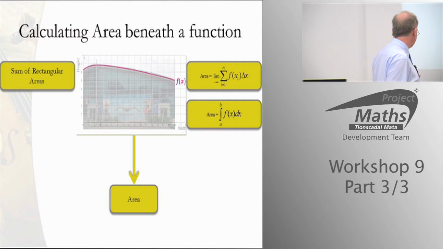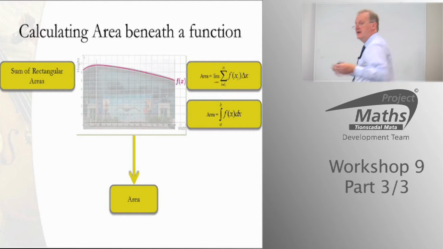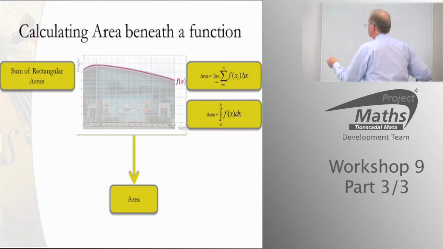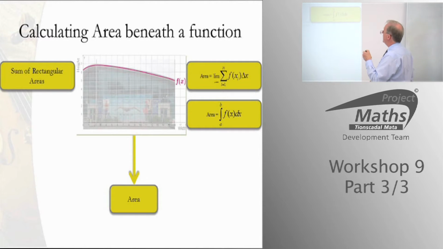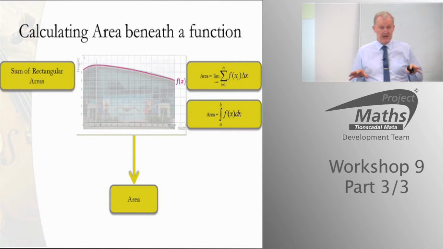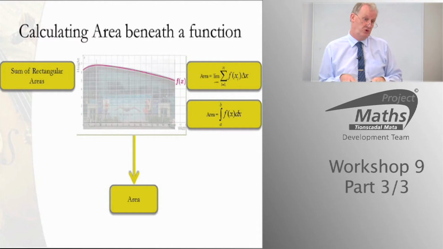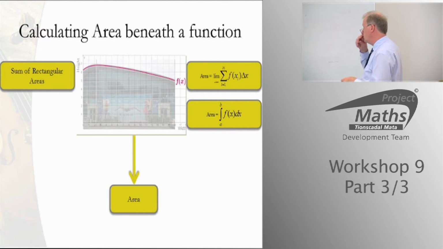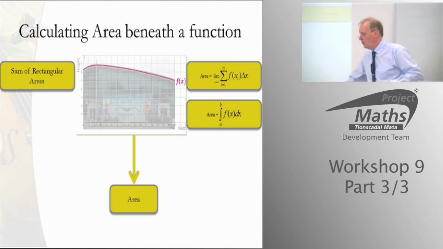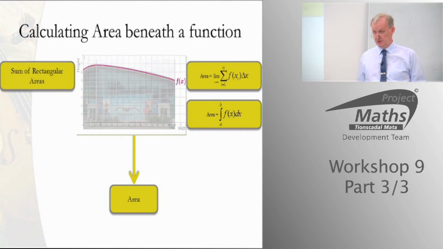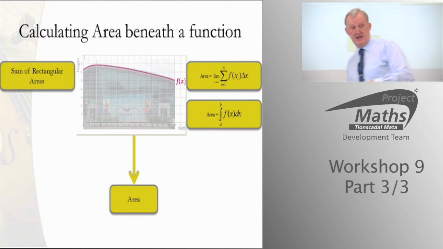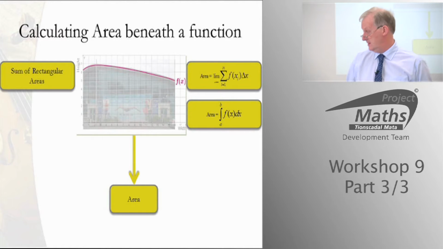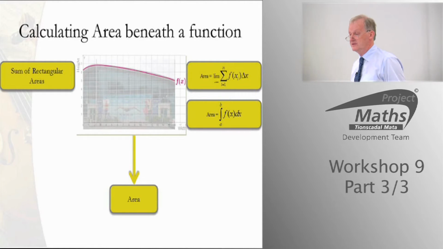So if I could get an area function, it would be brilliant. Because if I could get an area function, I wouldn't have to bother with this. And I could just plug numbers into my area function. So that's what our next activity is going to try and do. We're going to try and come up with an area function. And then when I'd say, find the integral, all we'd have to do is plug in values.